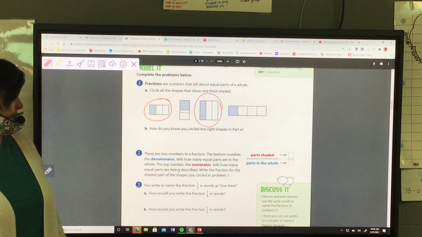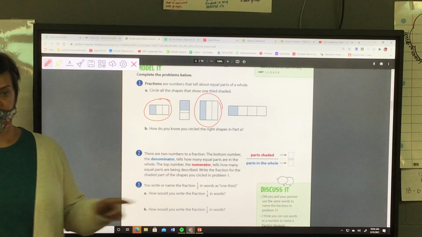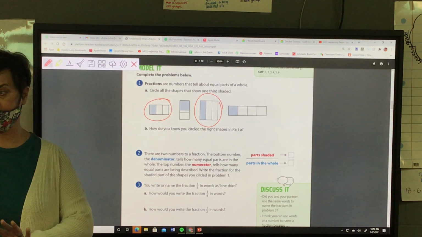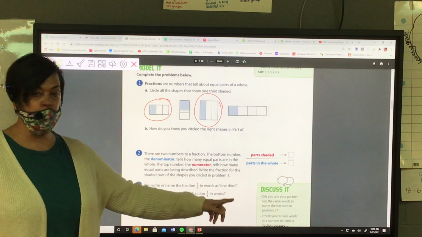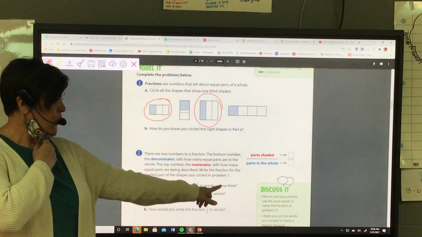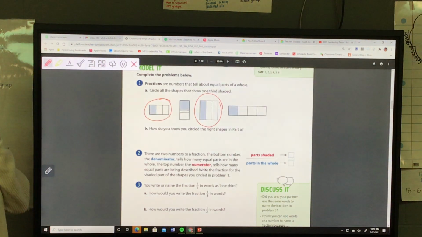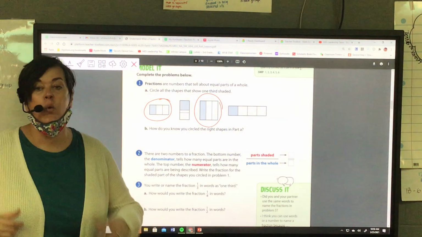You write or name the fraction 1/3. So 1 of the 3 parts is shaded, right? That's why it's 1/3. We say that in words as one third. How would you write the fraction 1/4 in words?